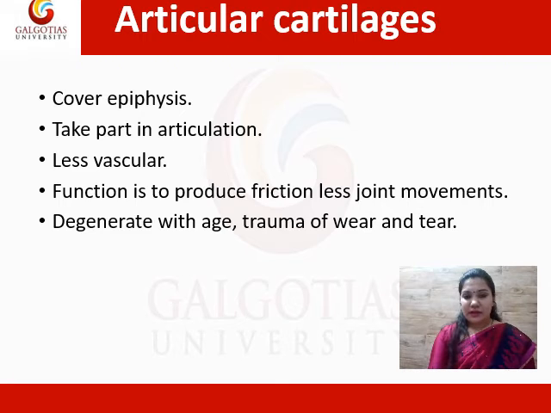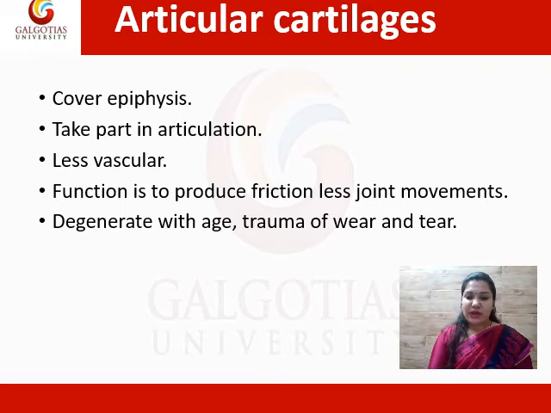Then one more important part is articular cartilage. This covers the epiphysis and takes part in articulation. It is the covering over the epiphysis which articulates with the articular cartilage of another bone and forms a joint. It is less vascular, so when damaged, healing of articular cartilage is difficult.